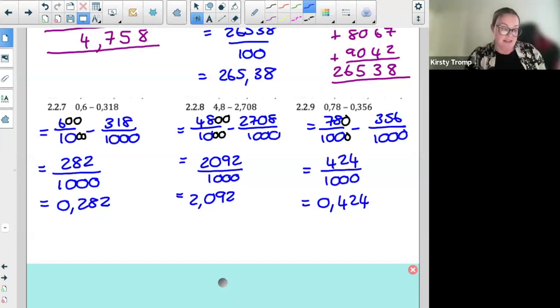Well done. Okay, well done, guys. All right. Maybe something went wrong in your adding. Maybe you put 0,350 instead of 0,356. Have a look.